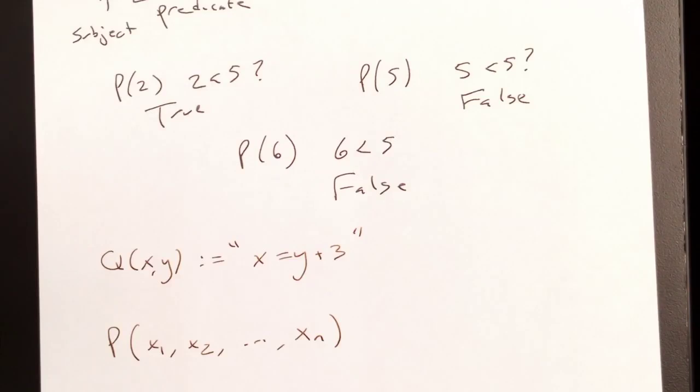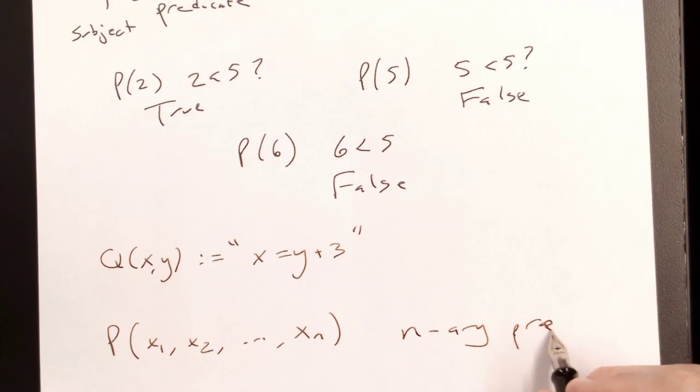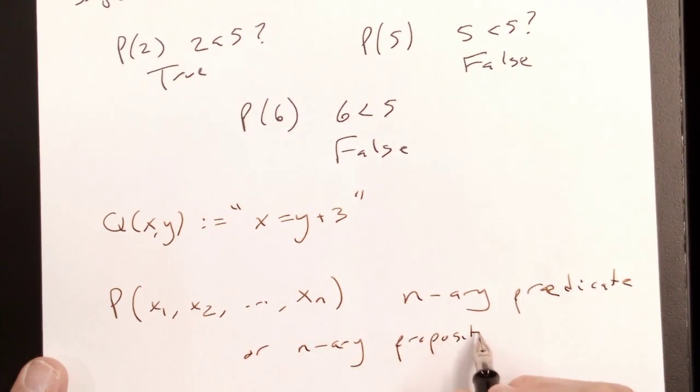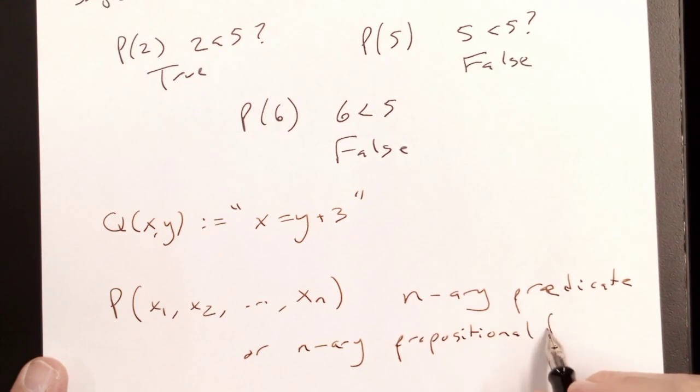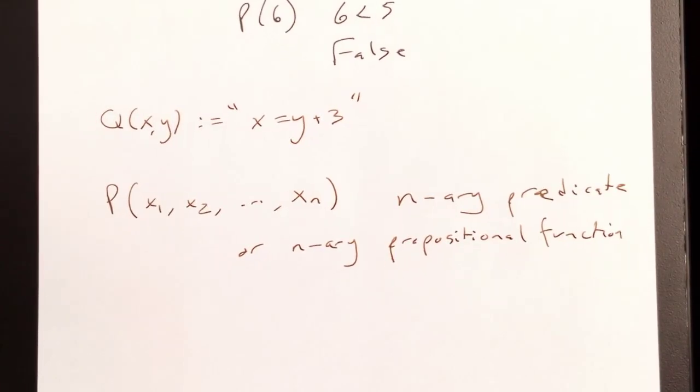We talked about our operators, right? We had unary and binary and so forth, right? When our operators, it was a binary operation that worked on two propositions. I can think of this as an n-ary function or an n-ary predicate. I prefer using the phrase propositional function over predicate, but that's just a personal peccadillo of mine, and that's okay.